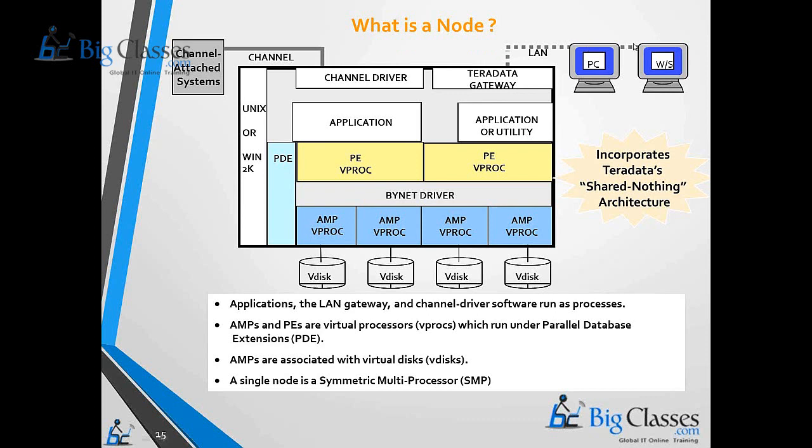Channel attached is nothing but mainframe connectivity along with Teradata. We mostly work on network attached systems, because we use Linux as our installation server for Teradata, and then we use the client. So it's a network connectivity; we use LAN connectivity for the server connection from the client.